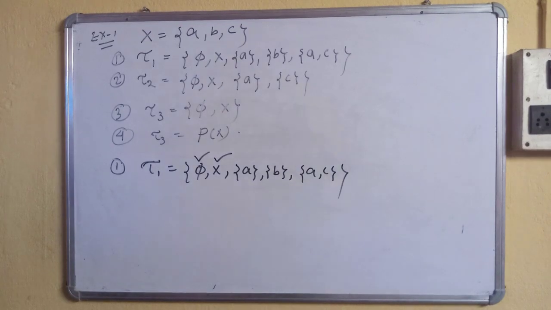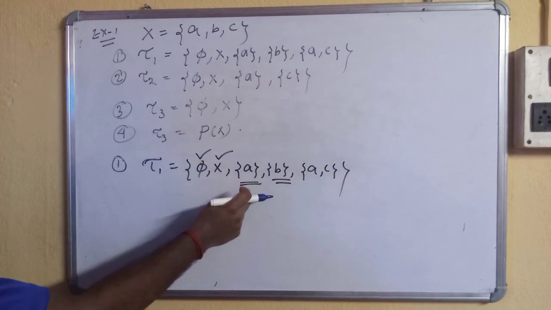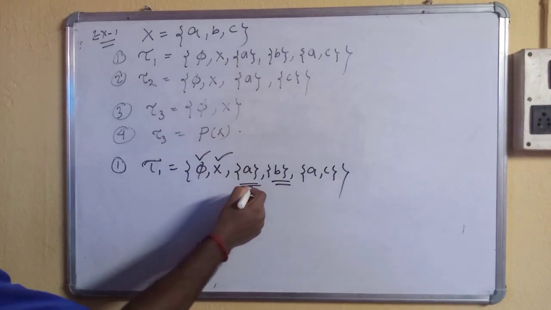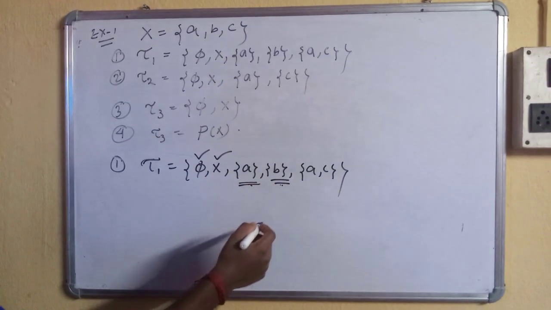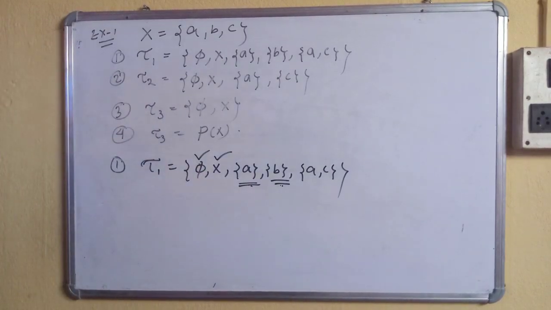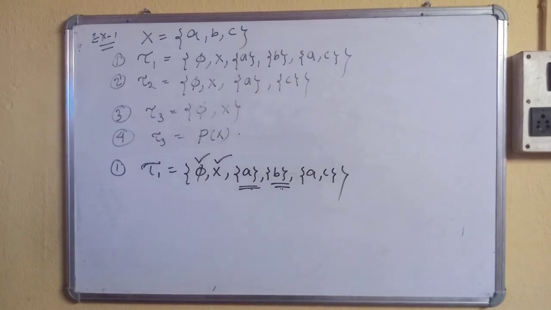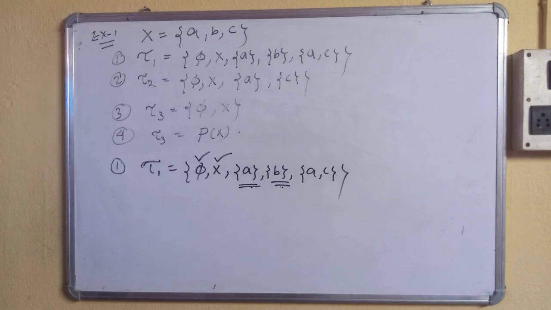But see here, if I take these two elements, say singleton a and singleton b, then their union is {a, b}, which is not in tau 1. So the number 2 condition does not hold.